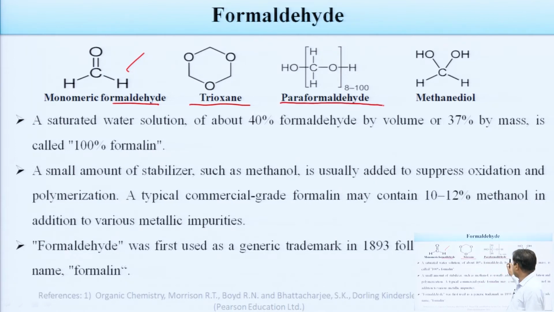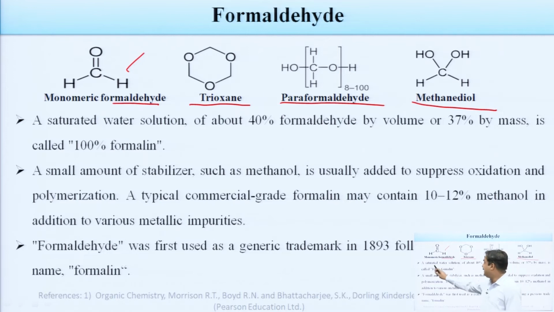Then paraformaldehyde is a polymer, formed by the joining of 8 to 100 monomers of formaldehyde together. Then we have methanediol, in which 2 hydroxyl groups are added on the carbon.